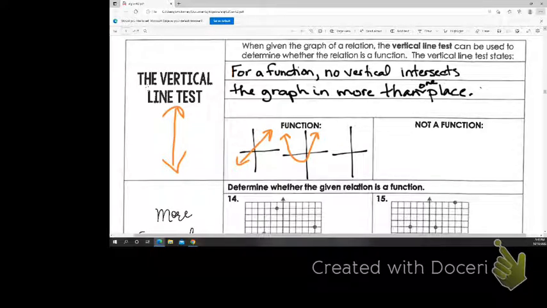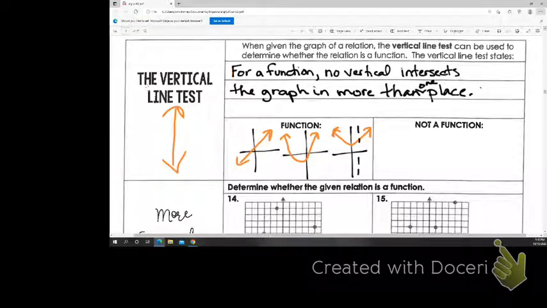I could have an absolute value function. Looks like a V. Also a function. Those are all functions. If I drew any vertical line and moved across, it only touches the graph in one place at a time.